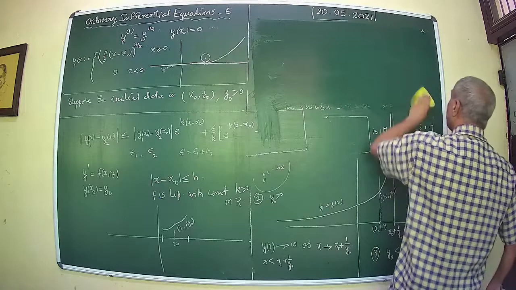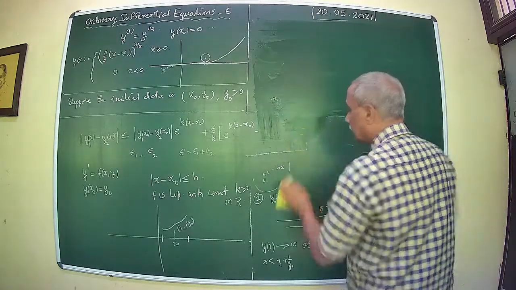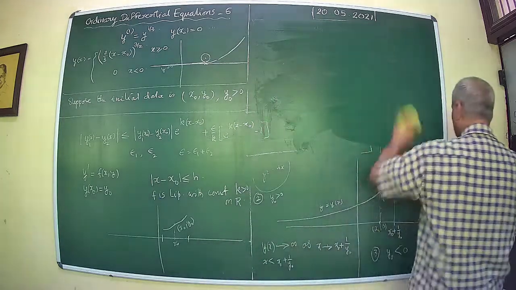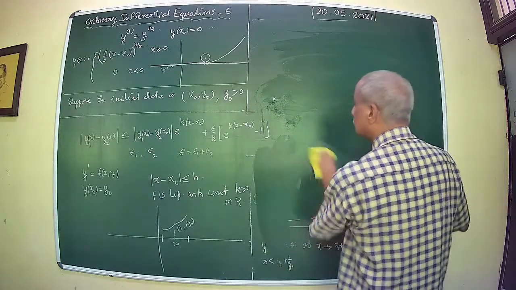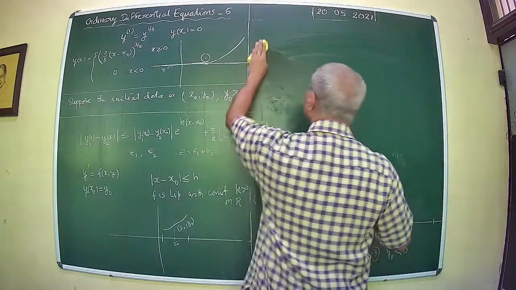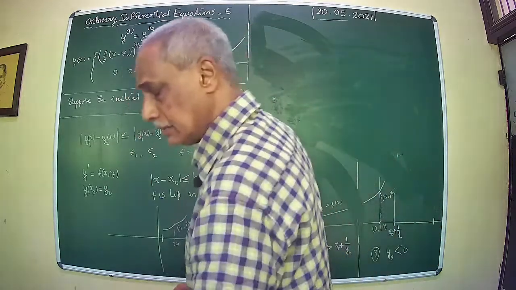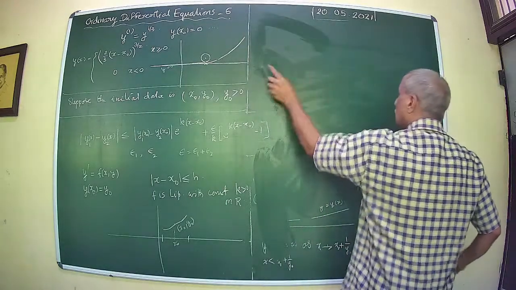So this is a way of getting an approximate solution, a solution which lies closely to the actual solution. And how close also we can determine. See, the solution is this. Let me just write this.